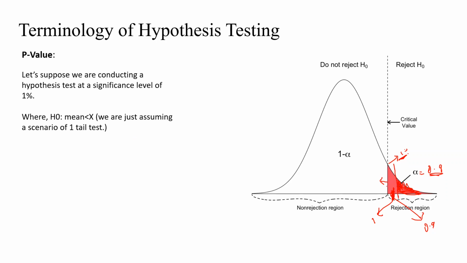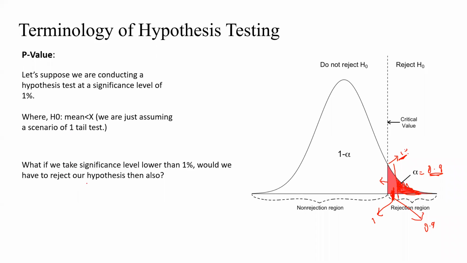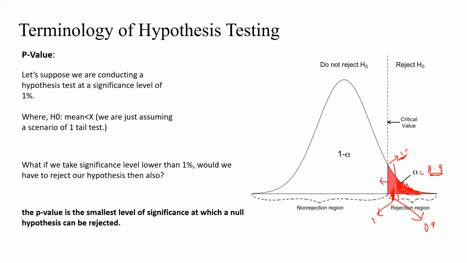This is the definition of the p-value: the smallest level of significance at which a null hypothesis can be rejected. Here at 1% I'm rejecting my null hypothesis, but at 0.9% I'm not rejecting it. So assuming there are no intermediate values between 0.9 and 1, my p-value here will become 1%.